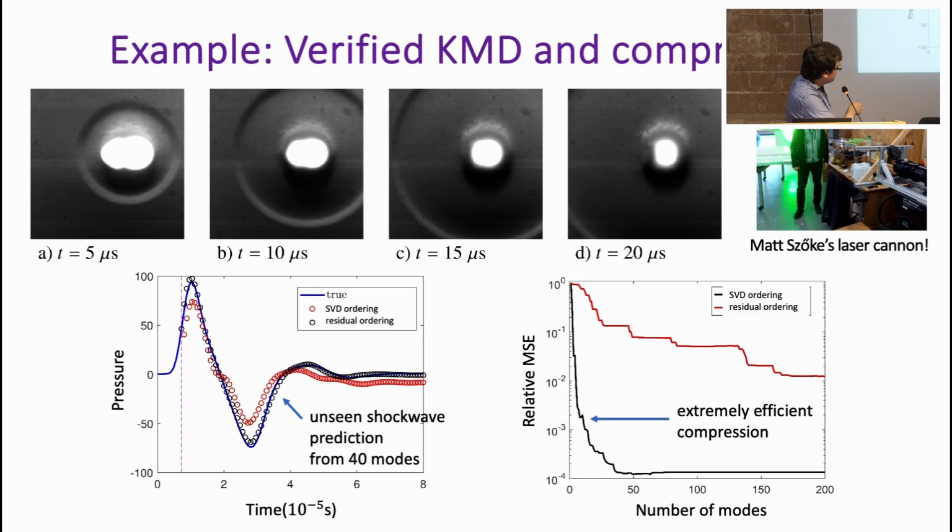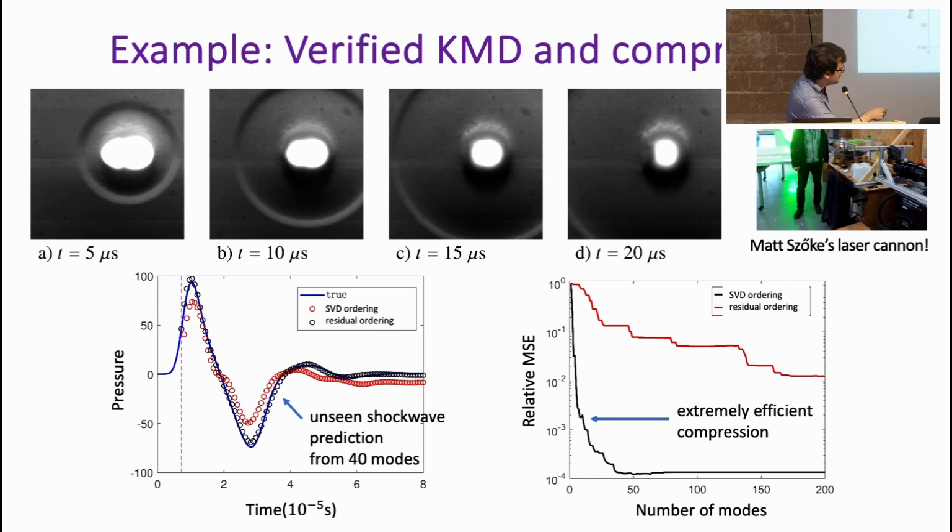What I'm showing you is what happens when I do a prediction based on faulty modes. In red we have what happens when you keep the dominant modes according to the SVD. That's what we would naturally do with POD or something like that. In black is what happens when I keep the 40 modes with the smallest residual. So I get a much better approximation of my wave, essentially because I'm getting rid of spurious eigenvalues or spurious modes.